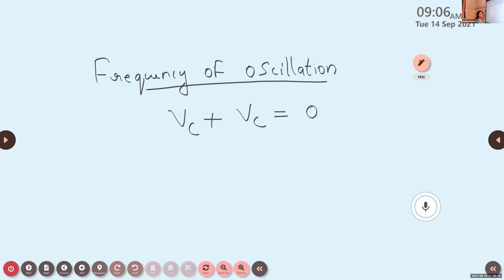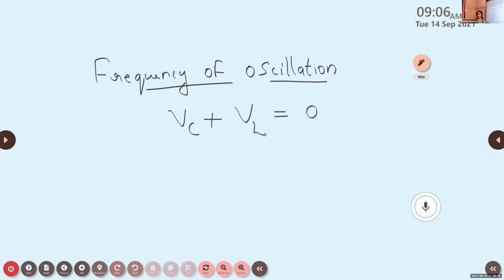Here VC and VL indicate the EMF generated in the capacitor and the inductor. Instead of the EMF E or epsilon, here we are using the term V itself.